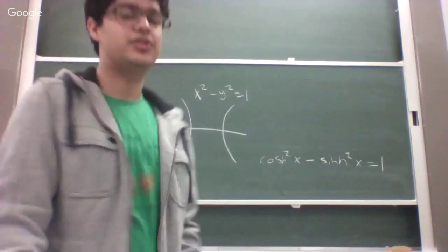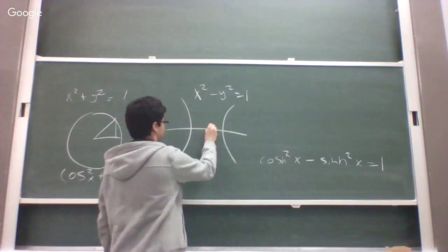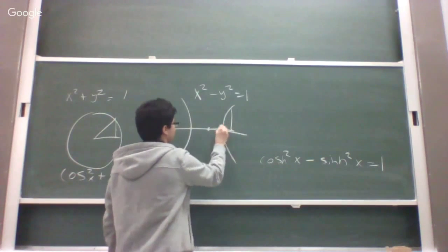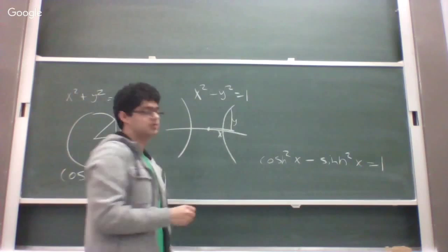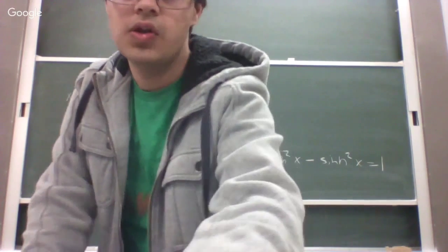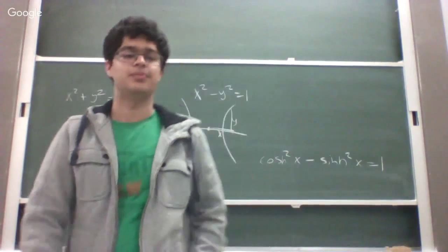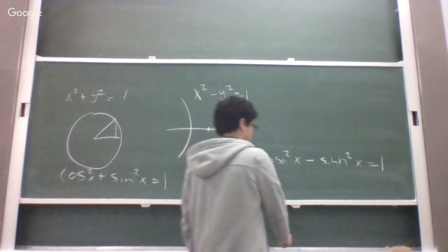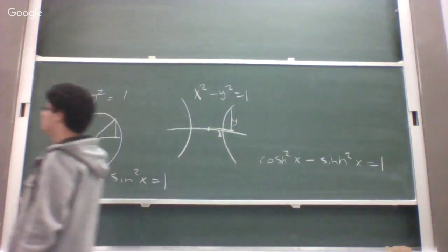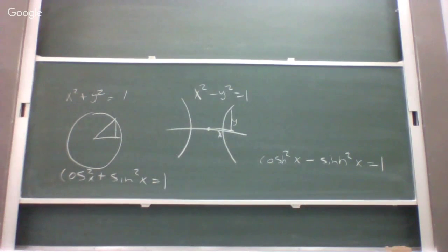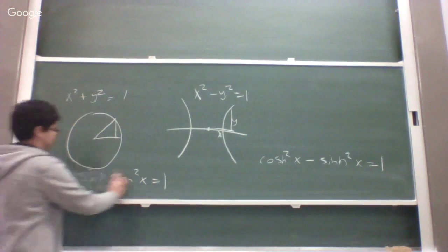So there's essentially some very key differences. And this actually, the triangle will be x, y, like that. There's some very key differences which you just have to memorize. And then there's some definitions of sinh and cosh and stuff, which I'll just tell you guys.